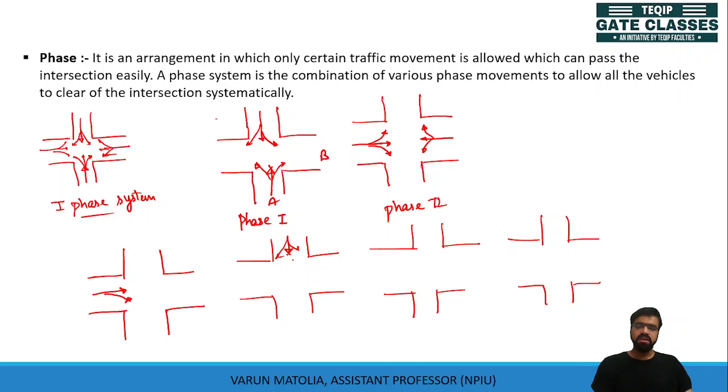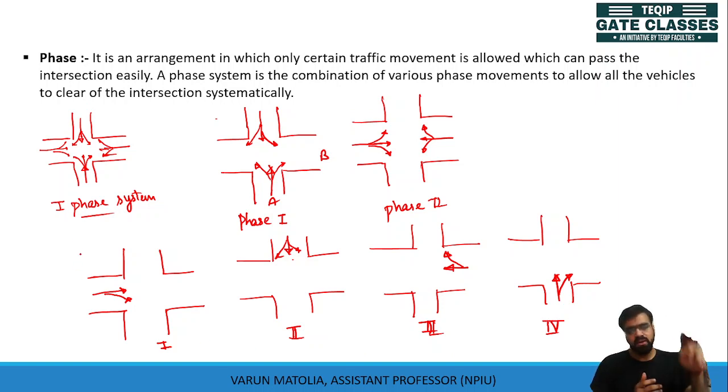Now this is right turning traffic, then straight traffic, right turning traffic, then straight traffic, and we have the right turning traffic. So this is phase 1, phase 2, phase 3, phase 4, then again we will move on to phase 1.